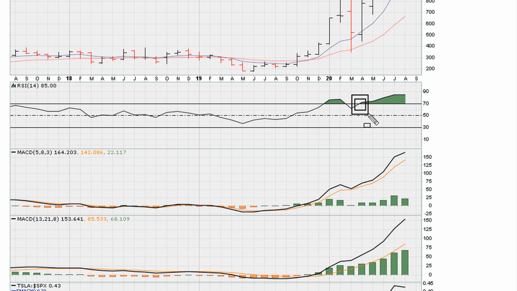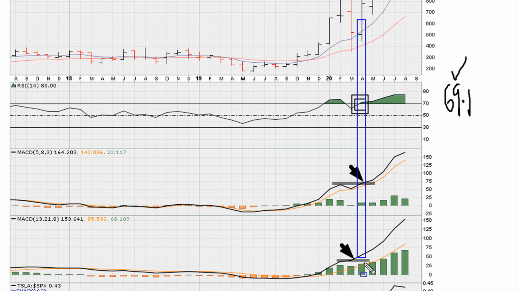We can see here the RSI jumped above 69.1. We can see that the MACDs also moved to 3-year highs. So a move to 3-year highs is a minimum requirement that must be met before we can see a superior move. And to be clear, we are talking about this monthly price action here.